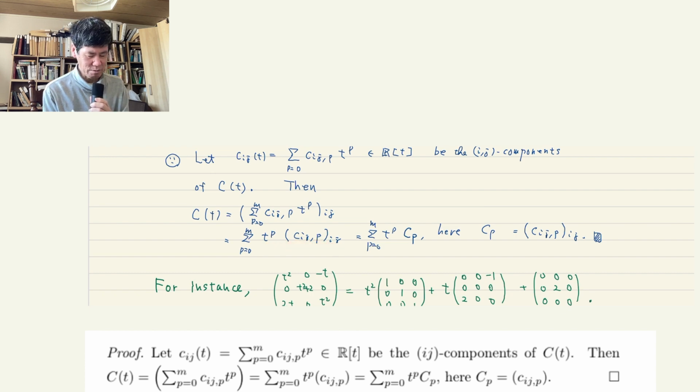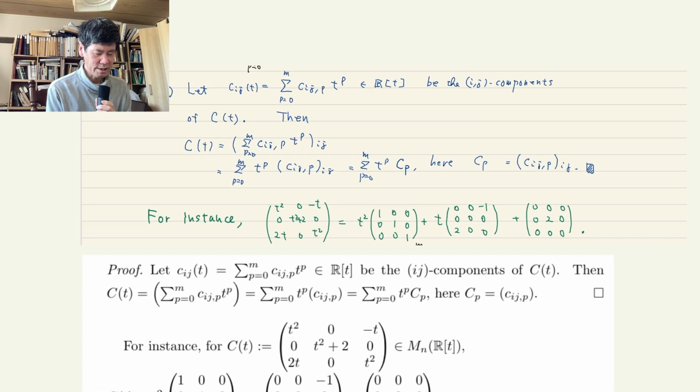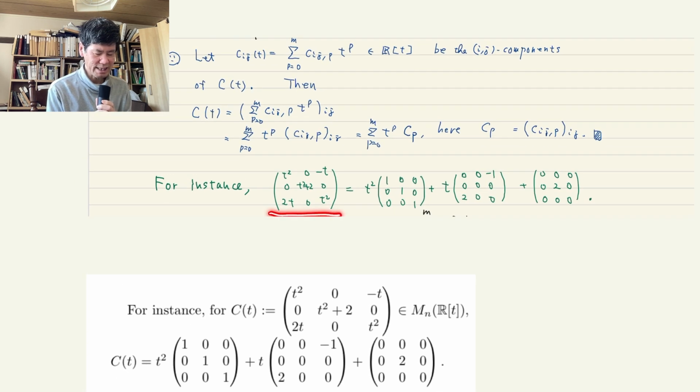And denoting this matrix Cp, we have C(t) is equal to the summation of t to the p times Cp. For instance, this matrix is equal to t squared times (1, 1, 1), and t times (minus 1, 2, 2), plus the matrix (0, 1, 0).